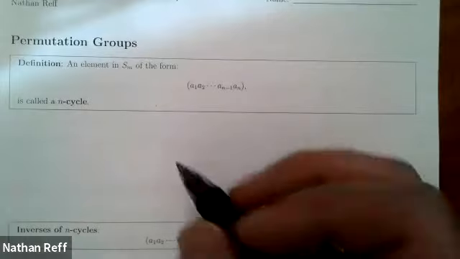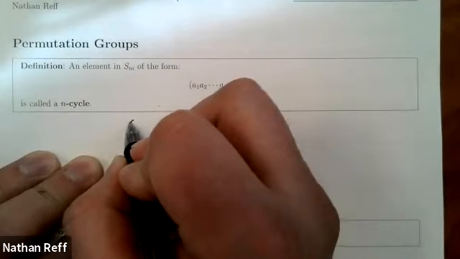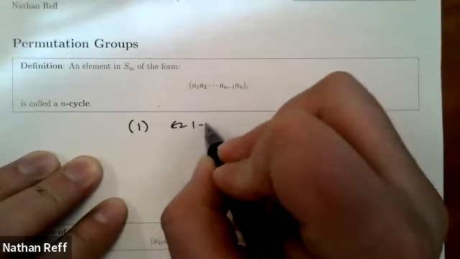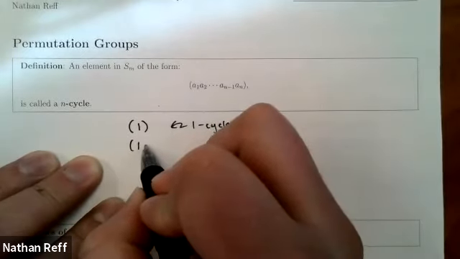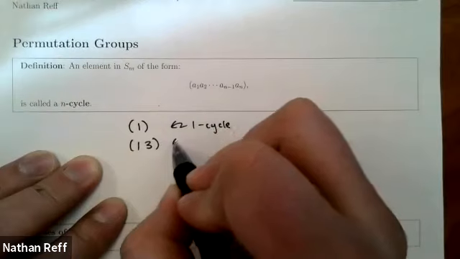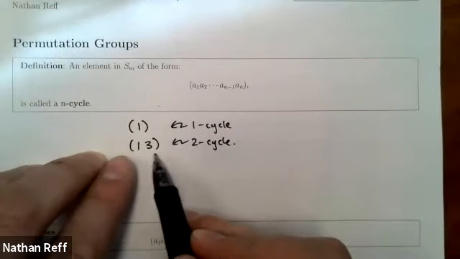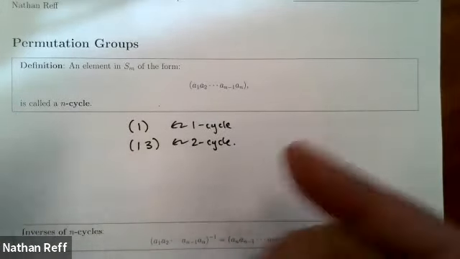So for example, here's a 1 cycle. This is a 1 cycle, okay? It's a cycle of length 1. (1 3) is an example of a 2 cycle. So what this is telling you is that 1 goes to 3 and 3 goes to 1.